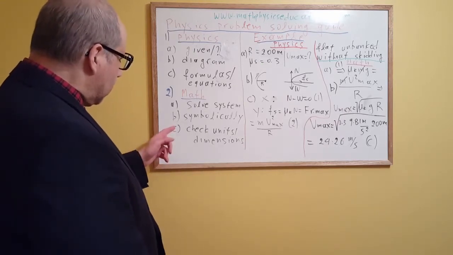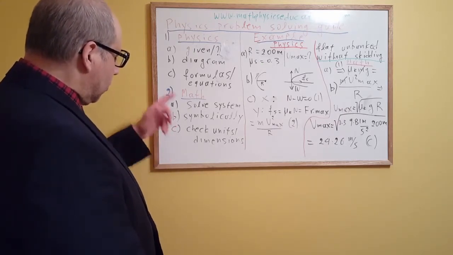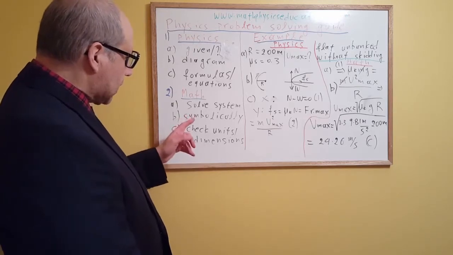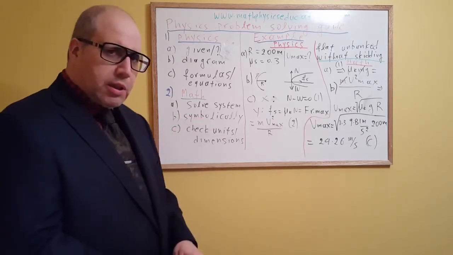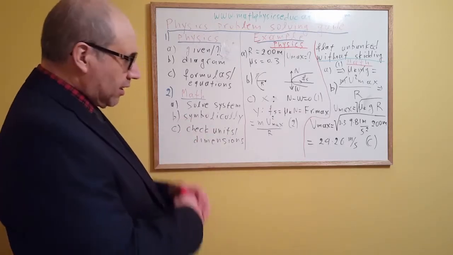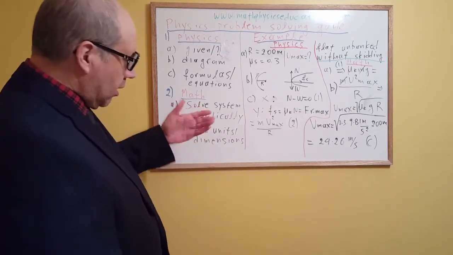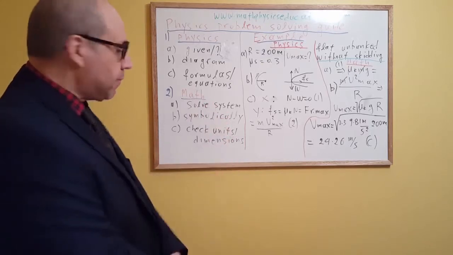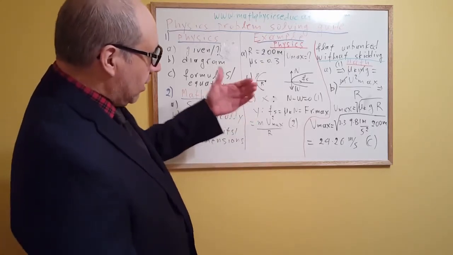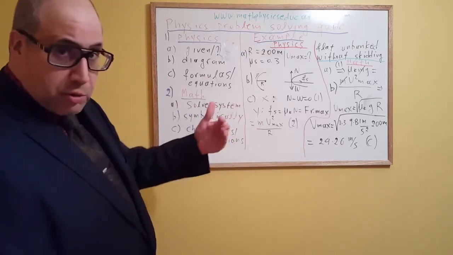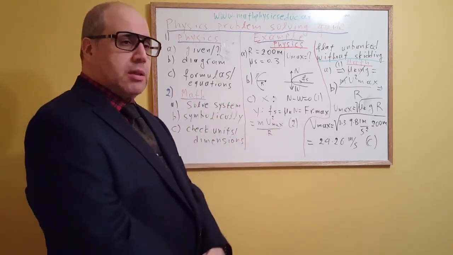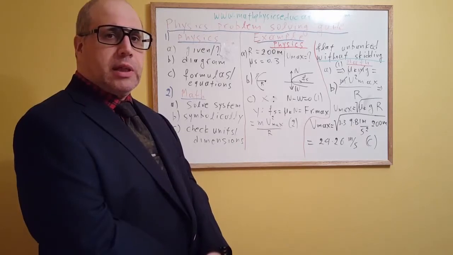And the final point on the math part is check the units. That's another indication that you have done the right thing. If the units that you get correspond to the dimensions, that means that most probably you have done the right thing.